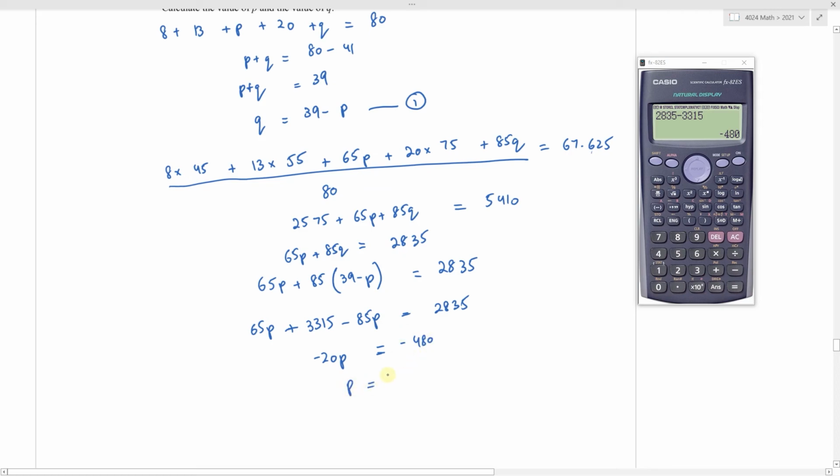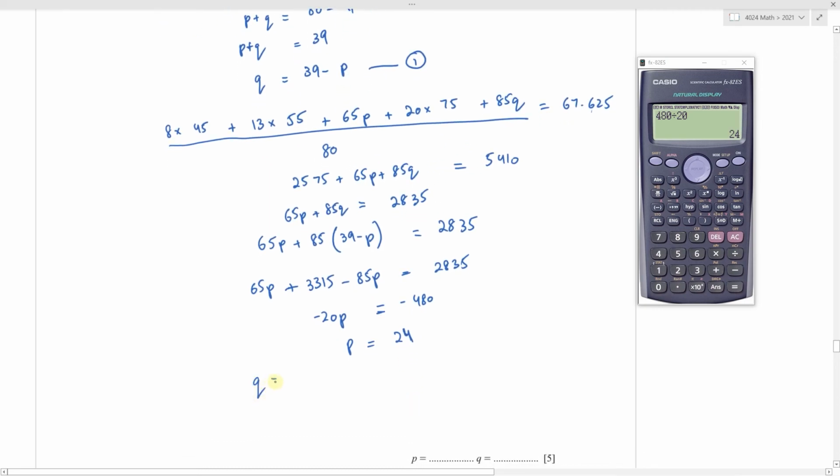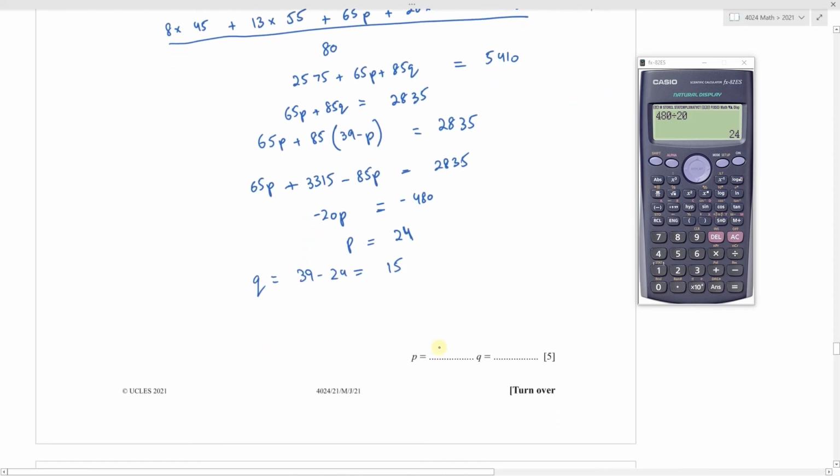Minus minus cancel out. P will be 480 divided by 20, which is 24. And now I can substitute the value of P here to get the value of Q. So Q will be 39 minus 24, which is 15. So your value of P is 24, value of Q is 15.